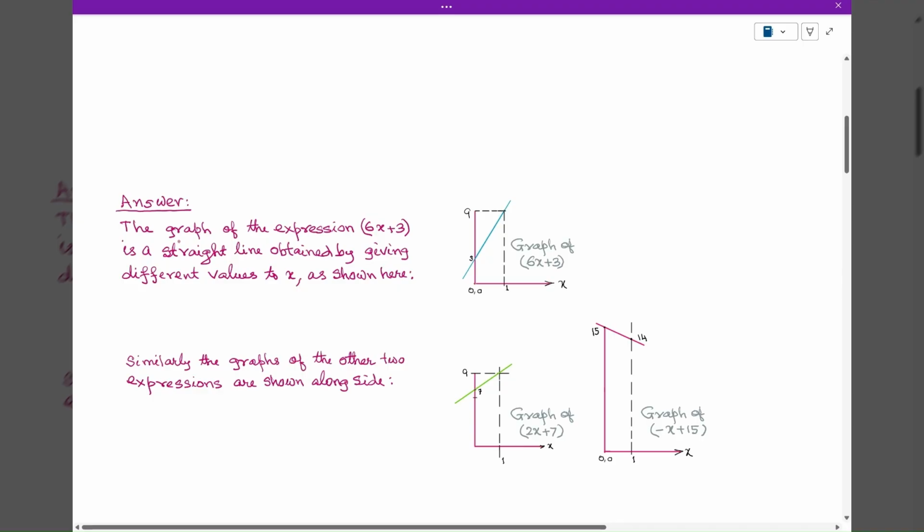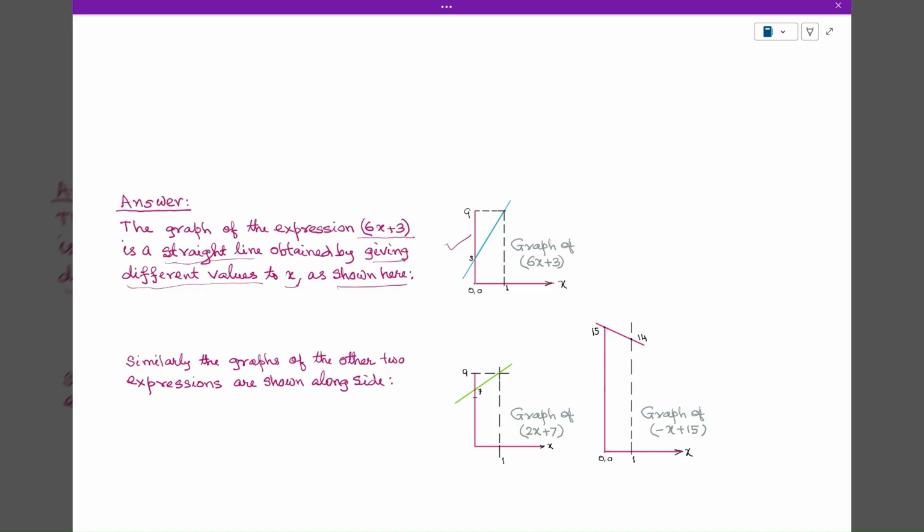Answer: the graph of the expression 6x + 3 is a straight line obtained by giving different values to x, as shown here in this graph.